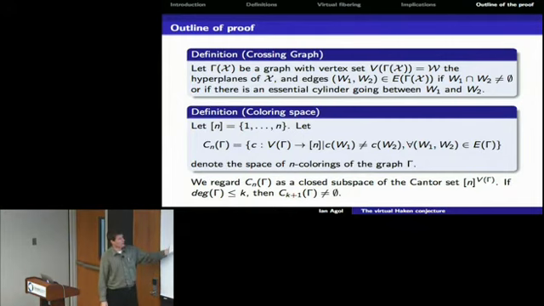So then we define the coloring space of this graph. Cn of gamma is the space of colors of the vertices of the graph. If you have vertices that are endpoints of an edge, then they have to have different colors. That corresponds to when you make the hierarchy, you want to make sure that you're not cutting along hyperplanes that are crossing at a given stage. You cut only one hyperplane at a time.